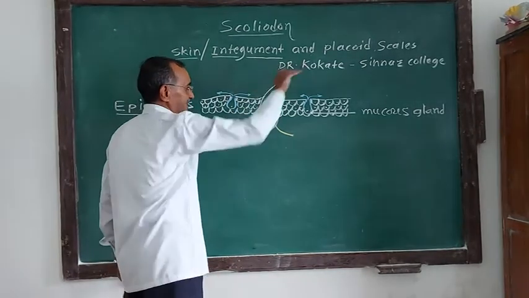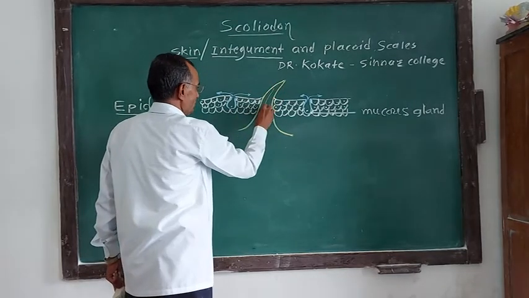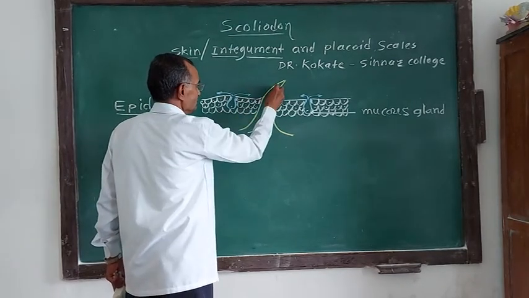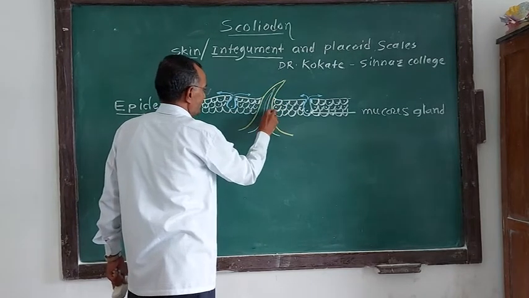It is backwardly directed, and consists of a small cavity called the pulp cavity, from which canaliculi arise.